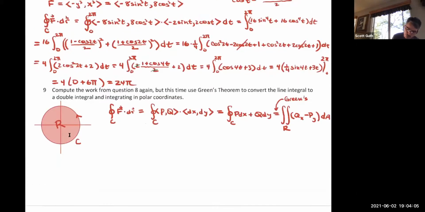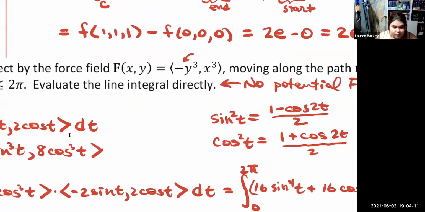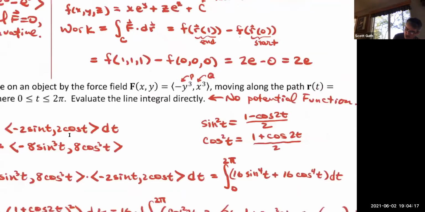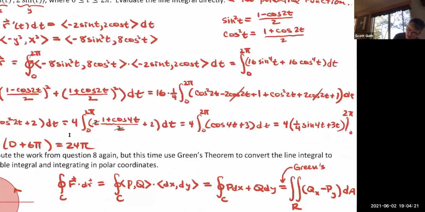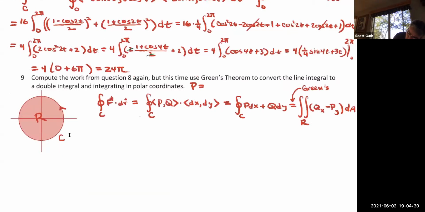So you have to go back to our original field. This is our P, and here's our Q. So if you do Qx minus Py, maybe I'll identify up here: P was, oh gosh, negative y to the third, and Q was x to the third.